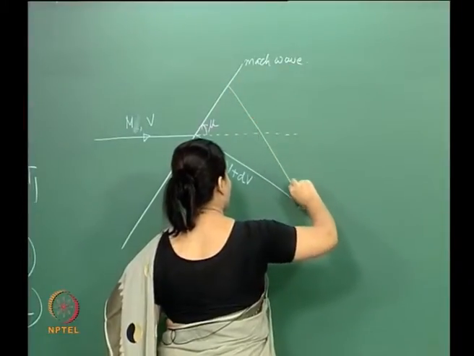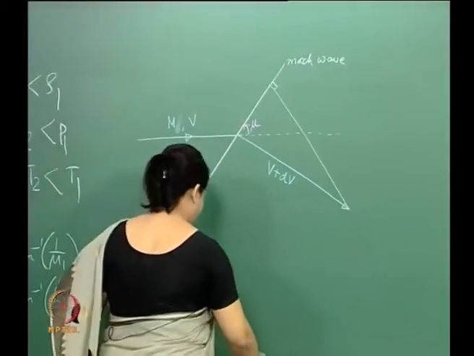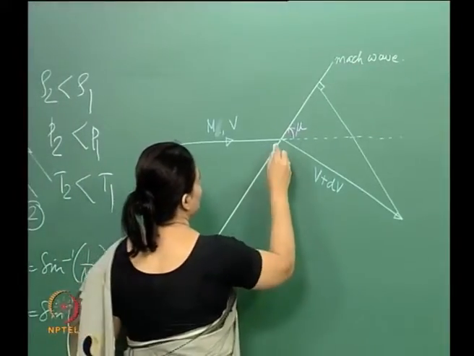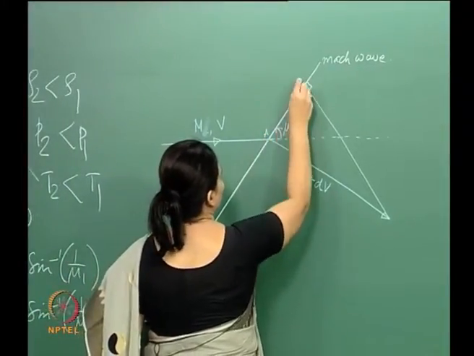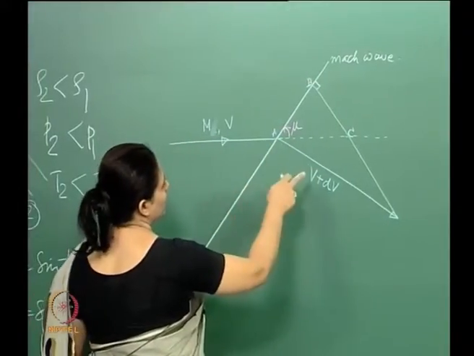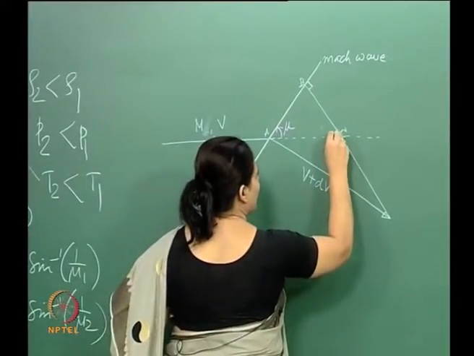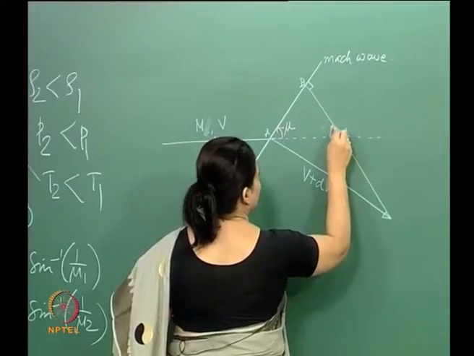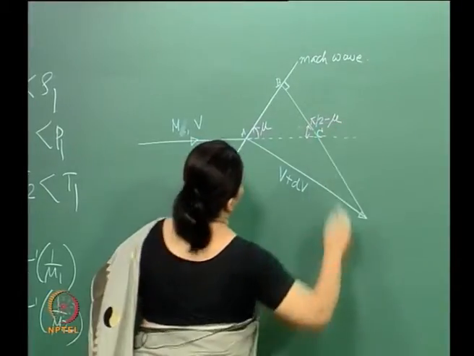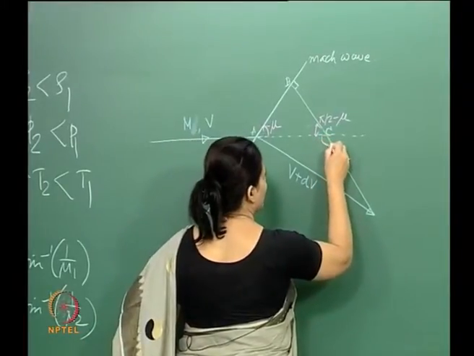So if we are looking at this geometry over here, and we look at this triangle, this angle is 90 minus mu, isn't it? Which makes this angle what?